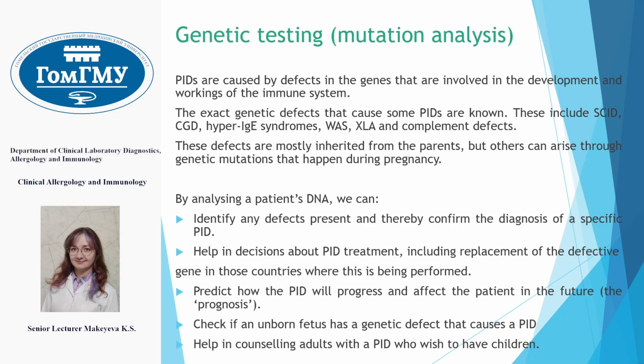Predict how the primary immunodeficiency will progress and affect the patient in the future, the prognosis. Check if an unborn fetus has a genetic defect that causes a primary immunodeficiency. Help in counseling adults with a primary immunodeficiency who wish to have children.